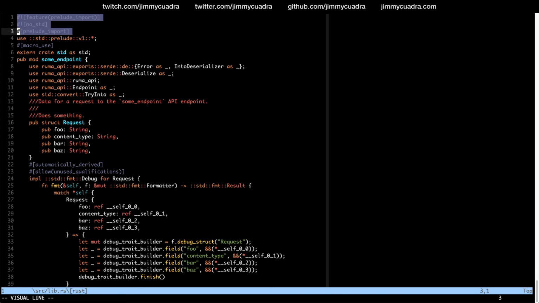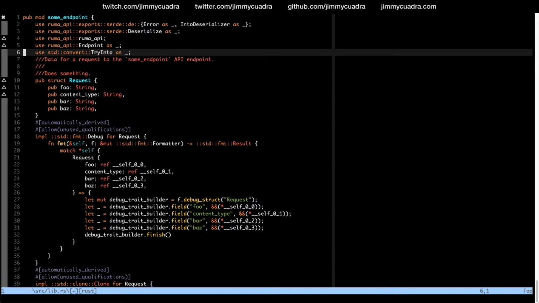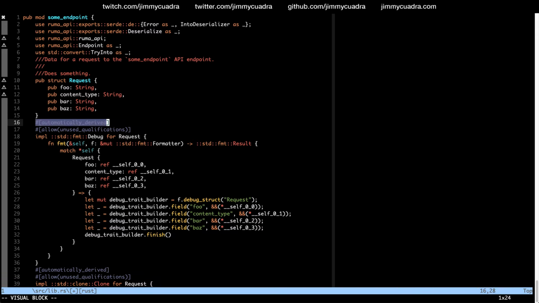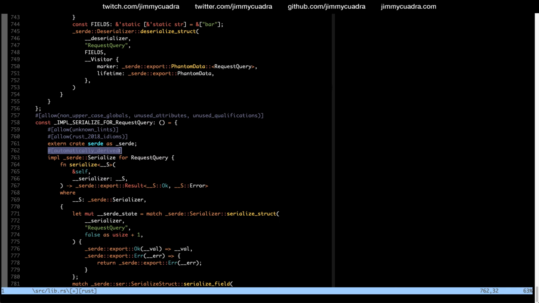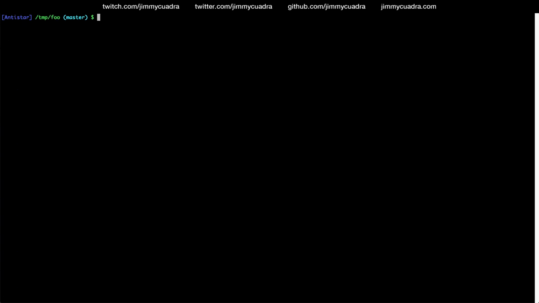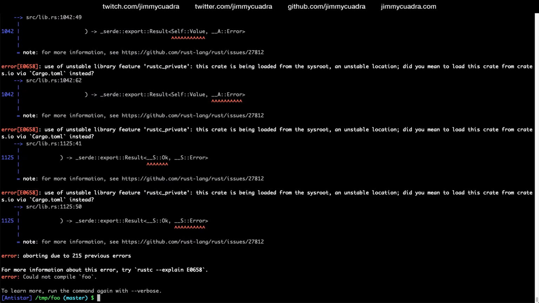So we'll get rid of this stuff again, and we'll get rid of the automatically derived ones. Get rid of all of these. And let's try running that again. Let's cargo check this and see what sort of things it complains about.